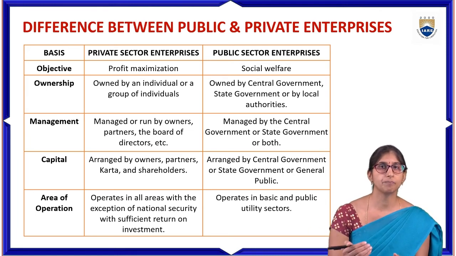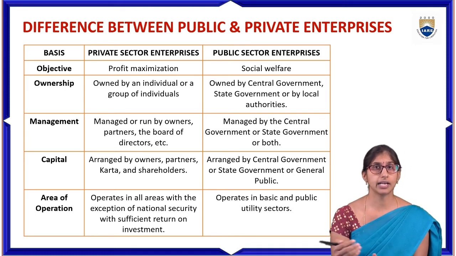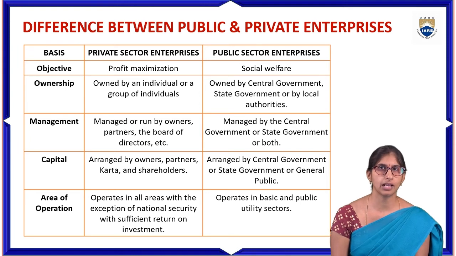And coming to the private limited company, here shareholders contribute to the company as capital. And in the case of a public limited company, the central government or state government, or sometimes the general public, arranges the capital.